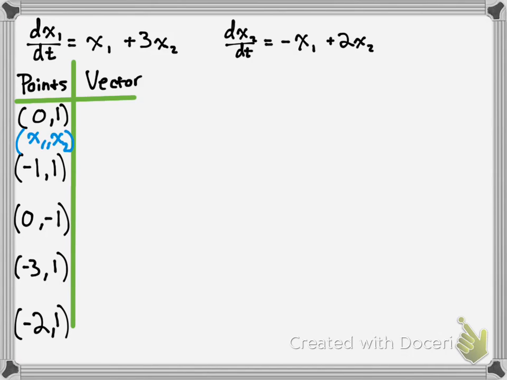Okay, so let's just plug them in. So plug 0 here and 1 here, and you'll get 0 plus 3, and you'll have 3 on the top, and then you plug those values in here. So you get 0 minus 2, or 0 plus 2, which is 2. And that's your first vector.